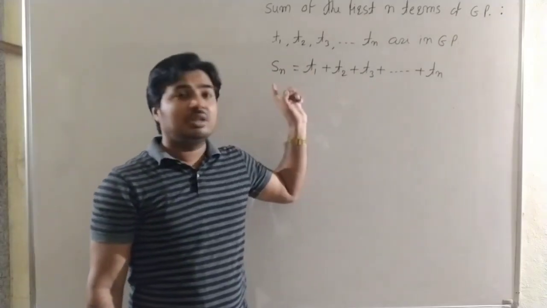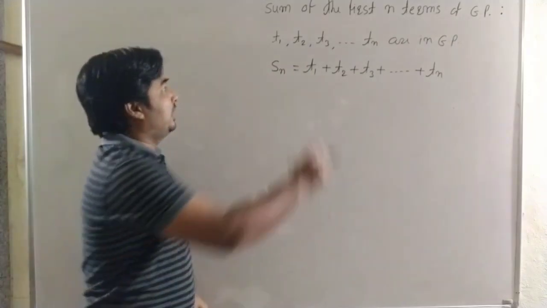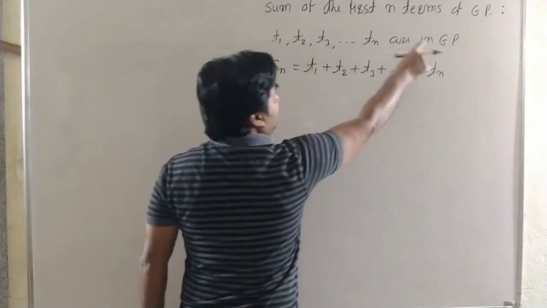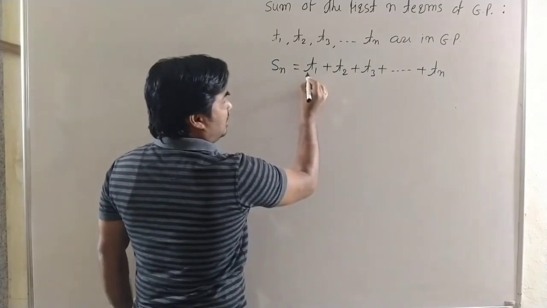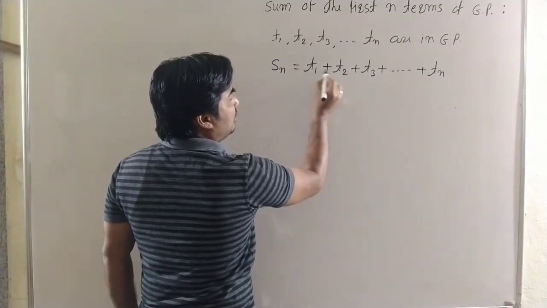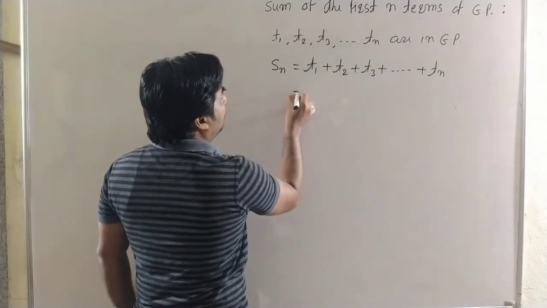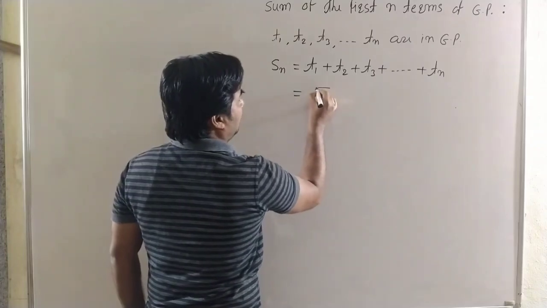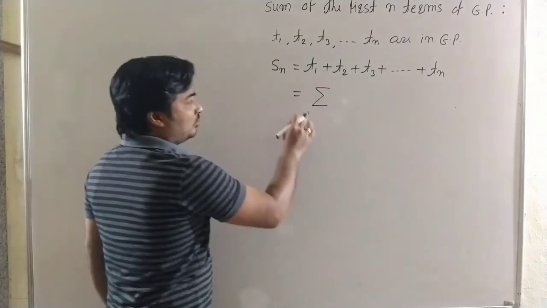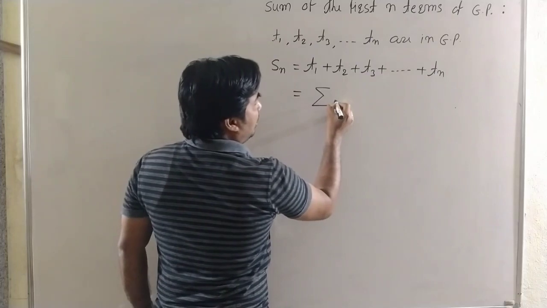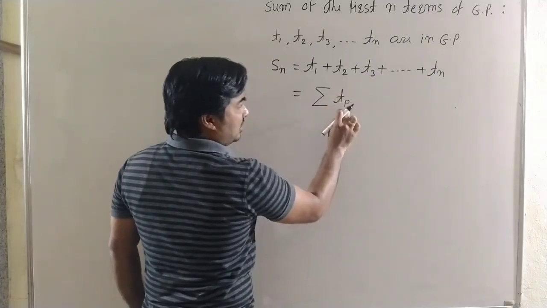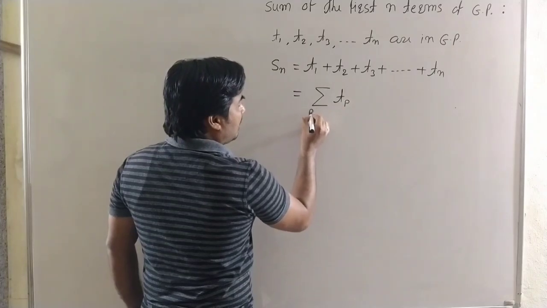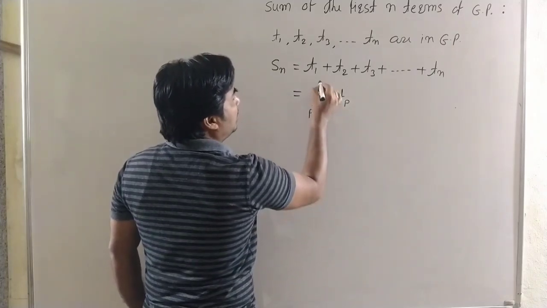These are all terms in a geometric progression. The sum of the terms t1, t2, t3 we can write in the form of the summation symbol, the sum of all terms Tp where p is equal to 1 to n.